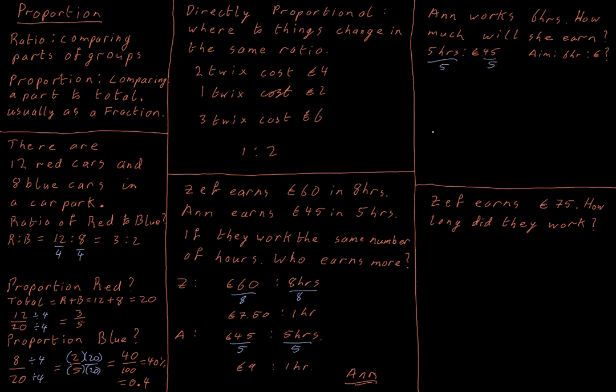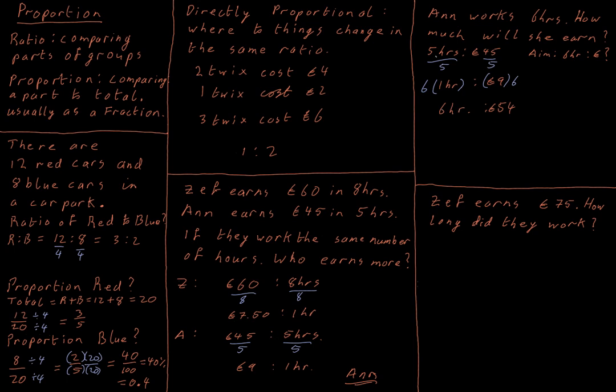We've already done it here, but I'm going to keep my structure for how we would approach all of these questions. So in 1 hour, we would earn €9. And then in 6 hours, we would earn 6 times as much. So in 6 hours, we would earn €54.